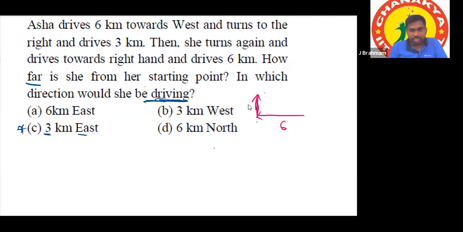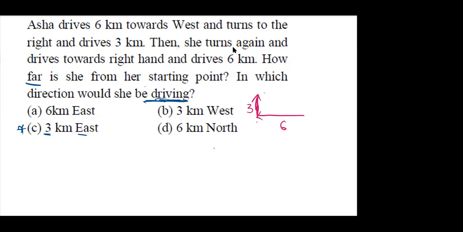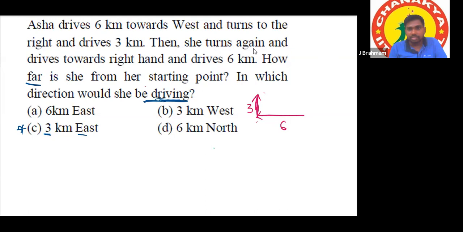Compared to 6, can I take this as 3? Then she turns again and drives towards right, 6 kilometers. This line is vertical with an up arrow, so this side is right, correct?